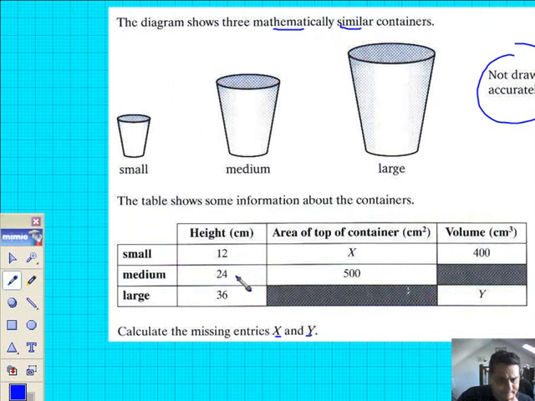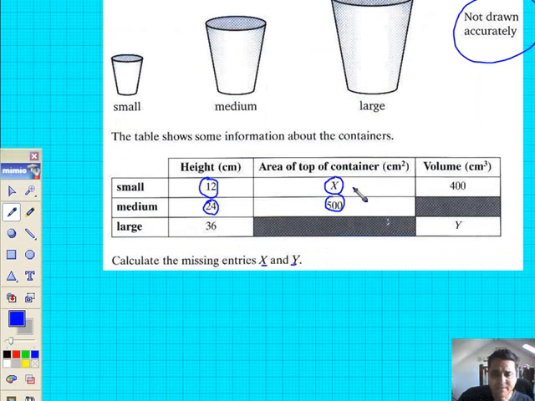Now, what have we got? I've got the height of the small one and the height of the medium one. I want the area of the small one, and I've been given the area of the medium one. So I can use these 4 numbers to find the missing part X. Now, what do we got here?